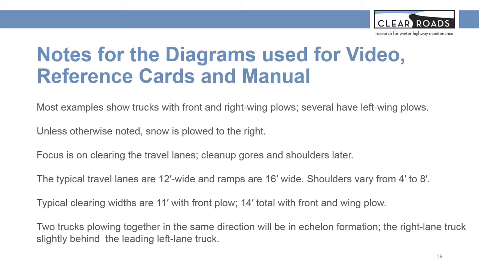Always the travel lanes are cleaned first, and then the gore areas and the shoulders. The typical travel lanes shown in the examples are 12 feet wide, and the ramps are usually 16 feet wide. Shoulders may vary from 4 to 8 feet. The clearing width is 11 feet for the front plow only, and 14 feet for front and wing plow.